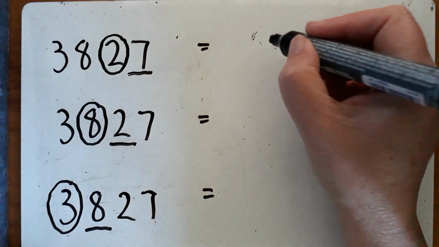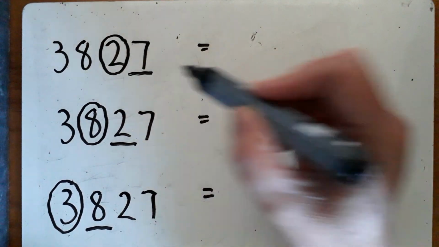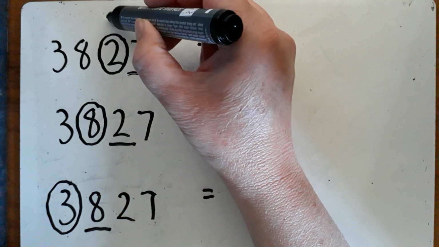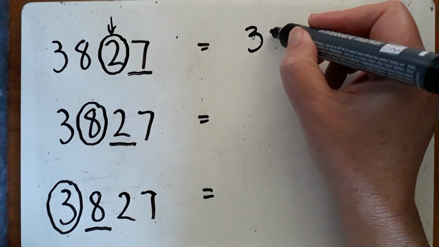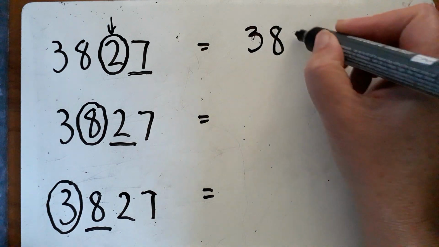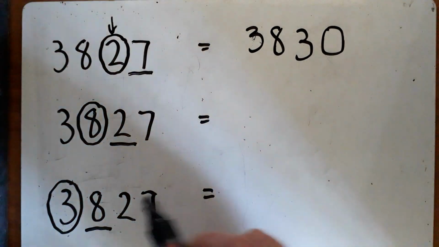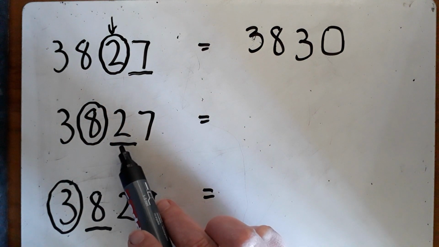Okay, so 3,827: the digit we're looking at is a 7, so it rounds up. So our tens increase by 1, so we get 3,830. When we're rounding to the nearest 100, we look in the tens.